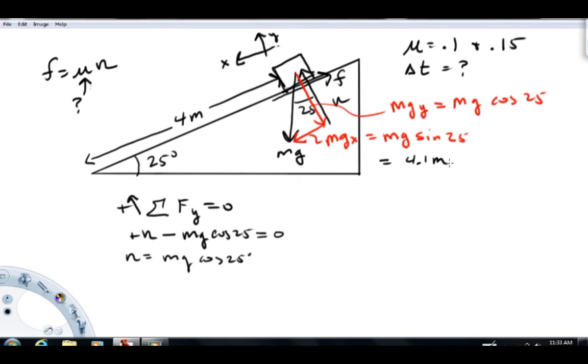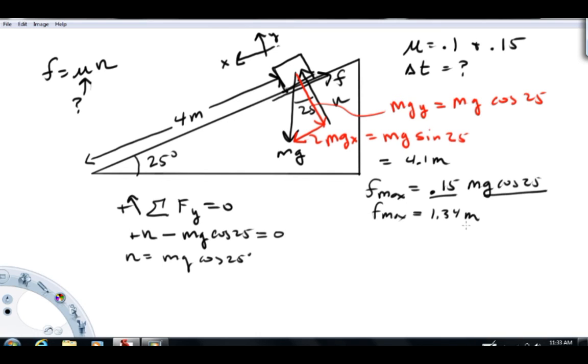I'm going to compare that against the maximum possible frictional force. The maximum possible frictional force is the static coefficient of friction, 0.15, times the normal, which we just found to be mg cosine 25. If we calculate 0.15 g cosine 25, I get that F max is approximately 1.34 times m, whatever m is.